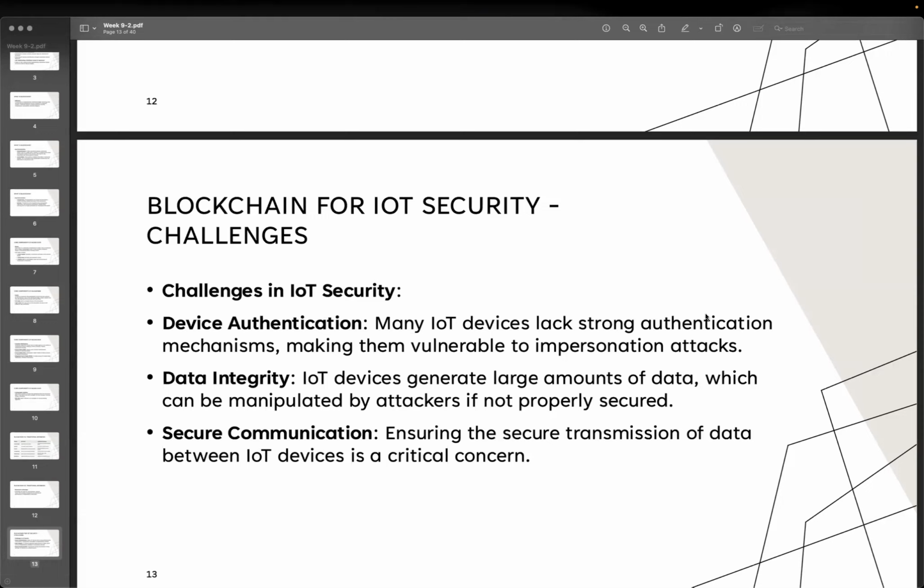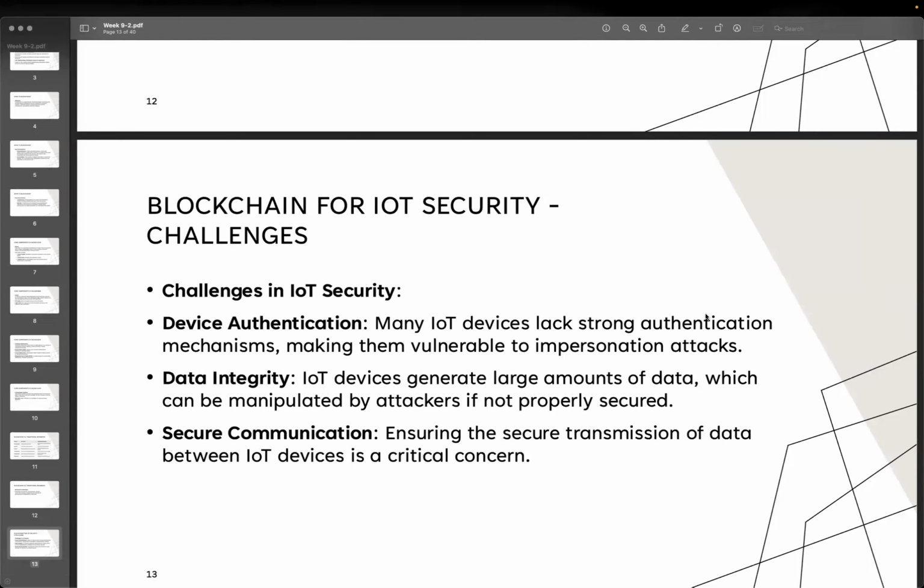Then there is the communication itself. How can we ensure data transmission between IoT devices is secure? It's a critical concern, really crucial.